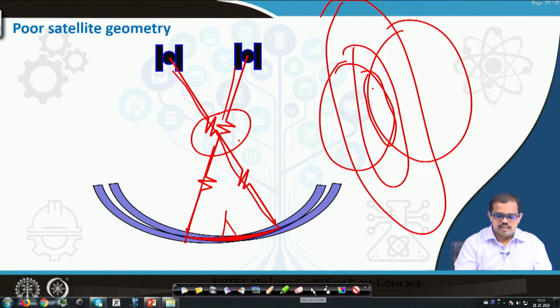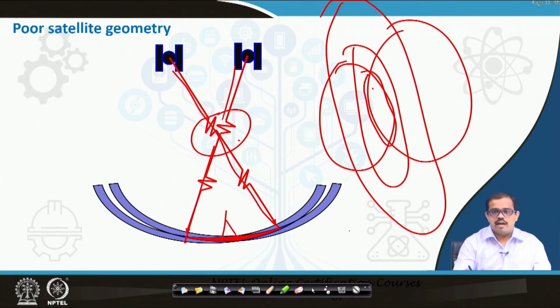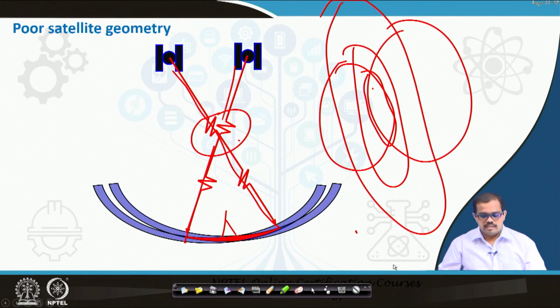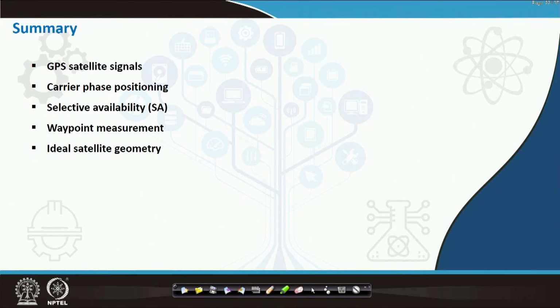So in case you have a poor satellite geometry, this is what may happen for your analysis. Okay. Especially that is not good when you have some validation data that you are connecting, and how your validation data is there.